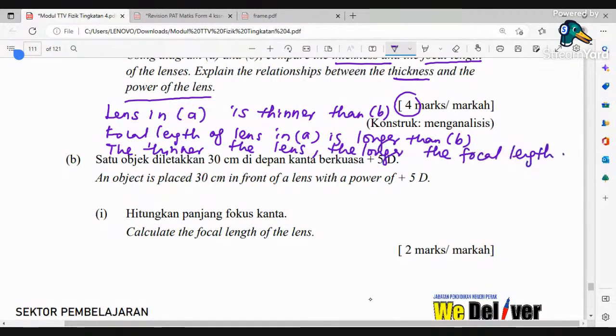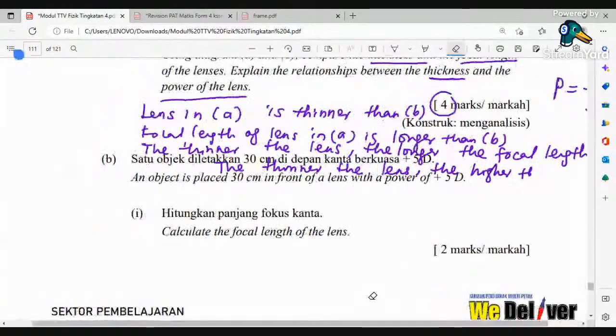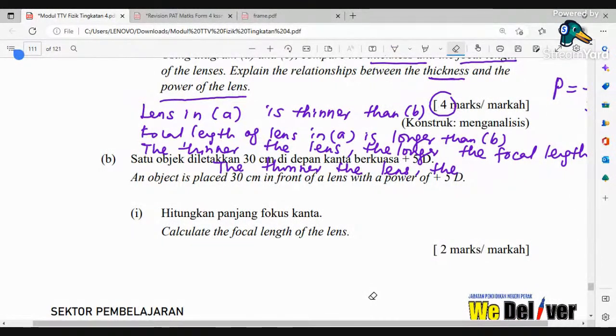Okay, as we know that power is inversely proportional to focal length, means the thinner the lens, the higher the... Jawapan jangan tengok jawapan di sana. The thinner the lens, thinner maksudnya longer.